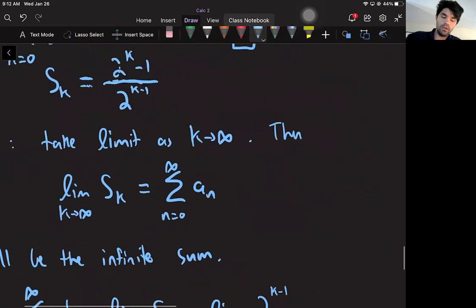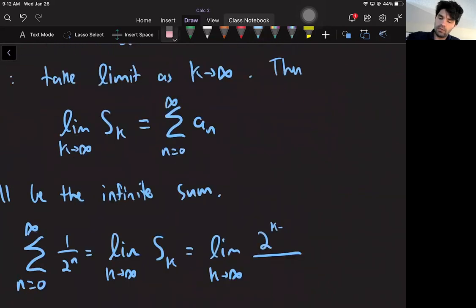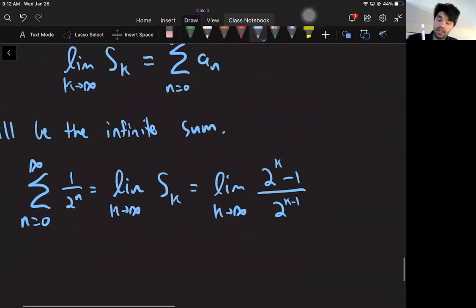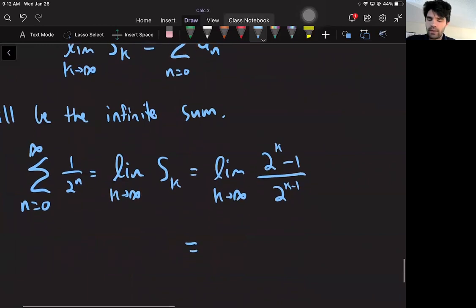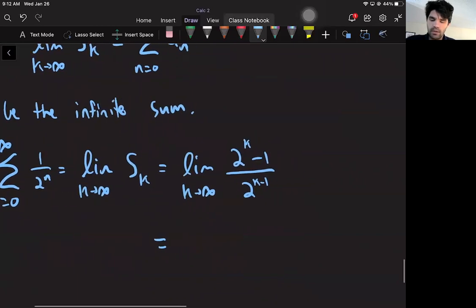Oops, sorry, that was a typo. This should be a -1 down there. This should be 2 to the k minus 1. So how do I take this limit? Well, there's various tricks you can use, but let's just do it this way. We'll just use some algebra.